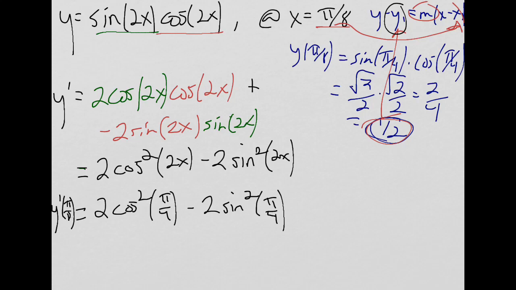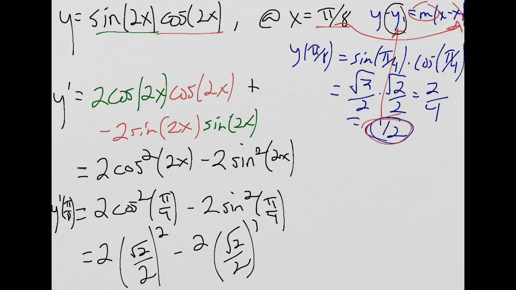Now, if you're quick and you know your trig, you're like, oh, snap, cosine squared, sine squared of pi over 4. Sine and cosine of pi over 4 are the same thing, so these are just going to wind up canceling out and give me 0. I'll work it through anyway. So 2 times cosine of pi over 4 is root 2 over 2, but I need to do cosine squared, so I write it like that. Minus 2 sine squared of pi over 4 is also root 2 over 2, and I square it.